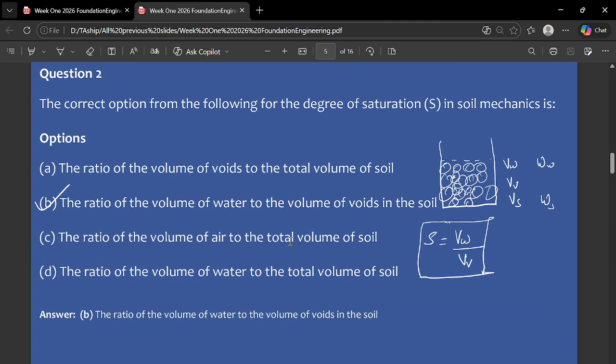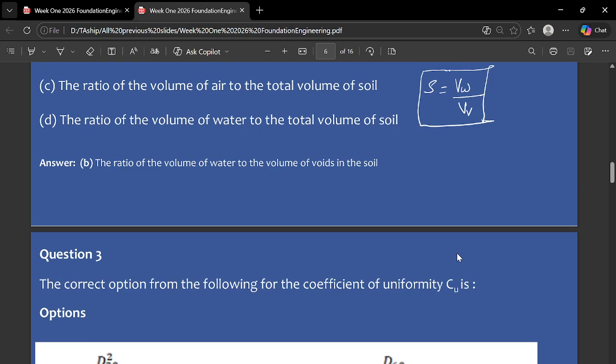So this is about the degree of saturation. The degree of saturation we know is given by the volume of the water to the volume of the voids. You have two types of voids, one is the air void, and then you have the water void. So the volume of water with respect to the volume of the voids will give you the degree of saturation.